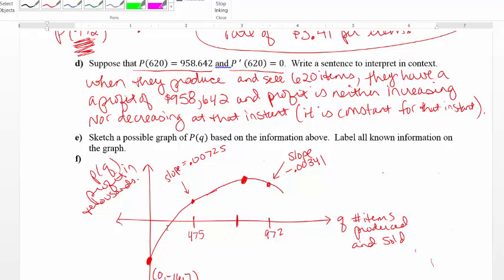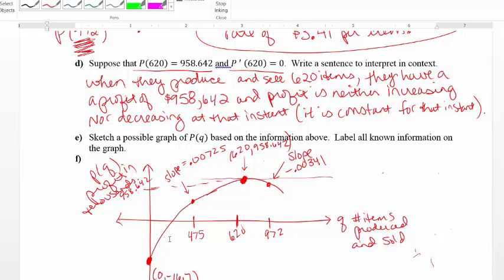So it's possible that the graph looks like this, that this is the highest point, this is the point 620, and the y value is 958.642 here. And right at that instant, the slope of the tangent line is 0. So if you were to draw a tangent line, it would be horizontal and constant.